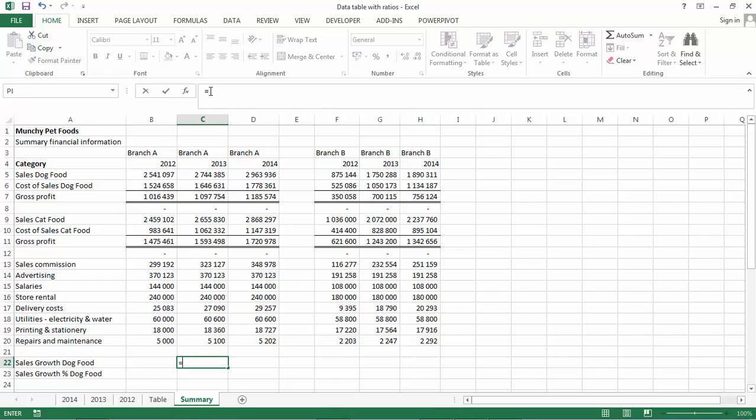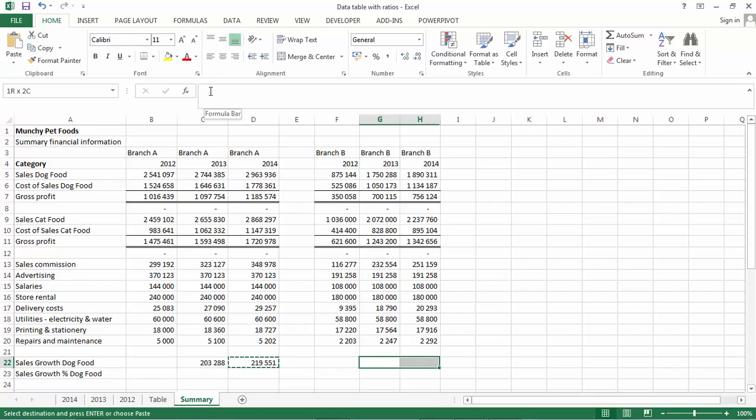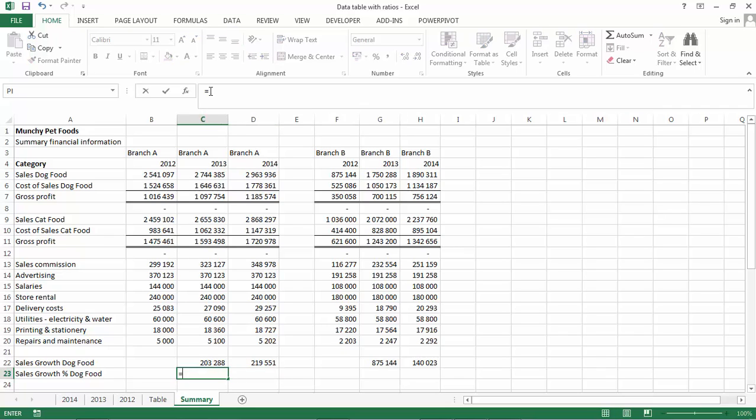So to do sales growth, you say equals sales of this year, 2013, minus sales of the prior year. And copy that across. And we can do that for branch B. Sales growth, you'll say your sales growth of this year divided by the sales of last year. And format that percent, 8%, you can copy that across.